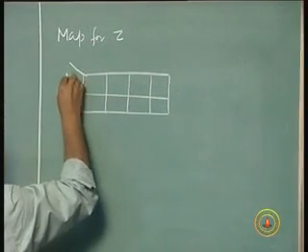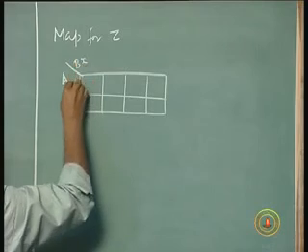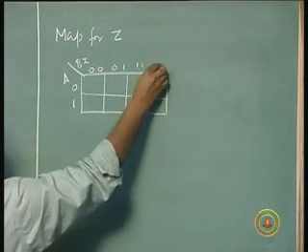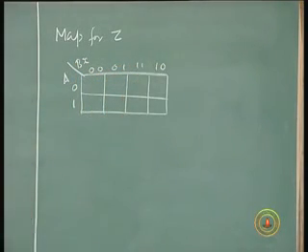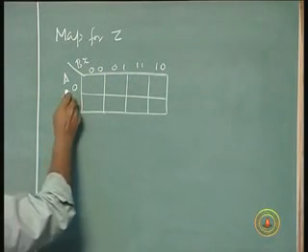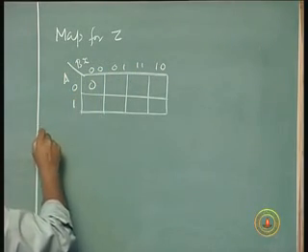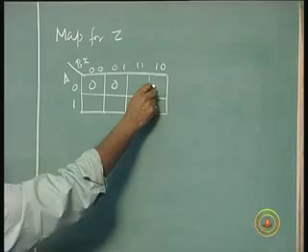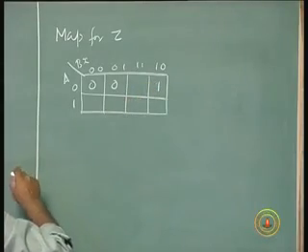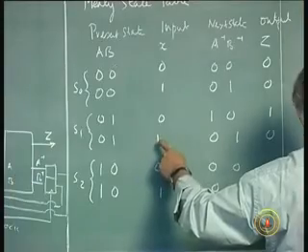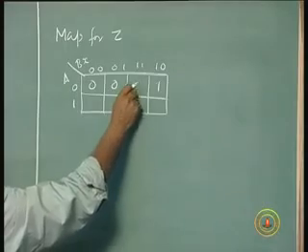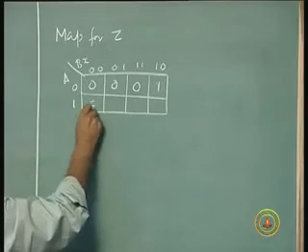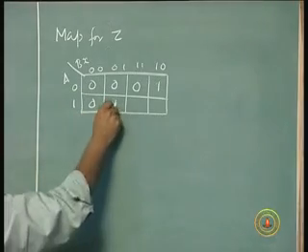This is A, B, X. 0, 0, input 0, output is 0. 0, 0, input 1, also output 0. 0, 1, input 0, output is 1. 0, 1, input 1, output is 0. 1, 0, 0, output is 0. 1, 0, 1, output is 1.